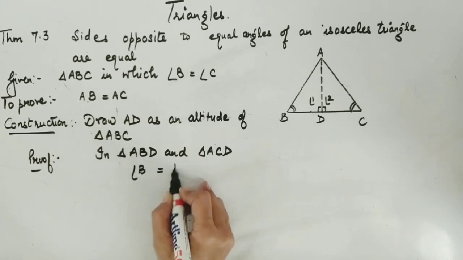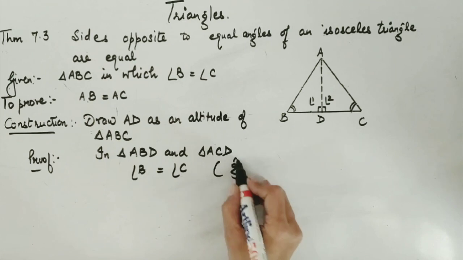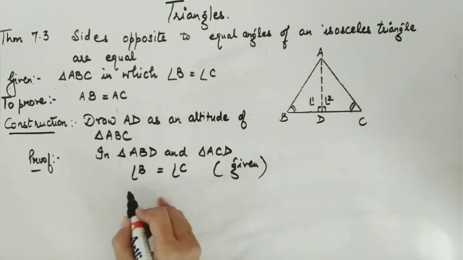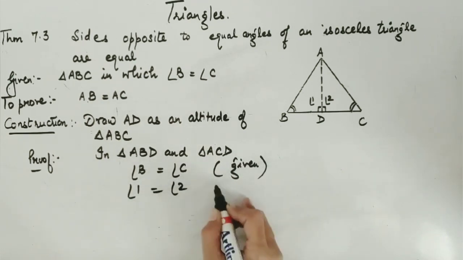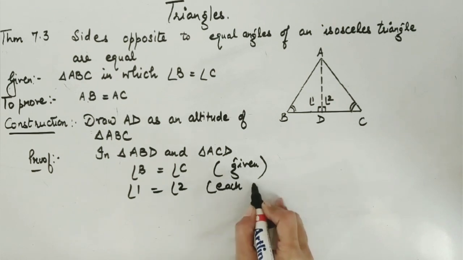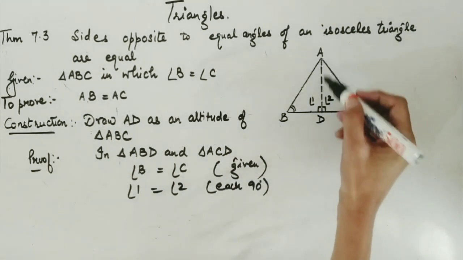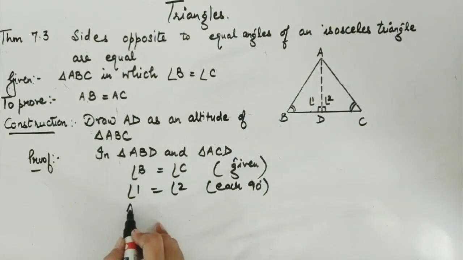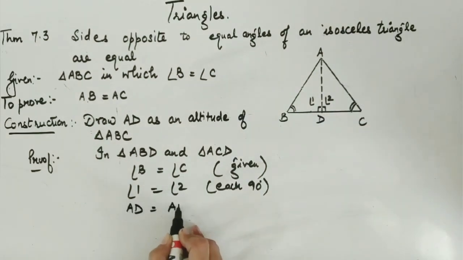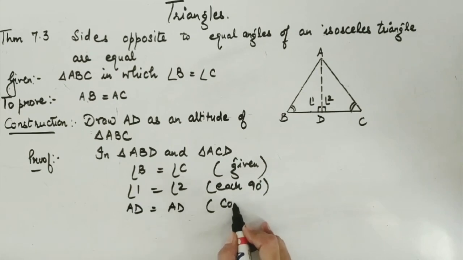First is angle B equals angle C. This information is given. Second is angle 1 is equal to angle 2. This is each 90 or by construction. And third one, AD, that's the common side. AD is equal to AD, that is the common side.